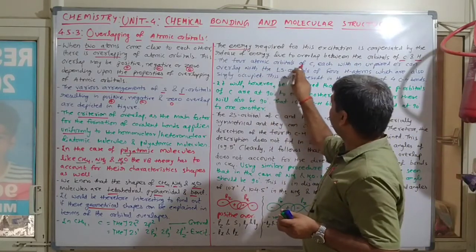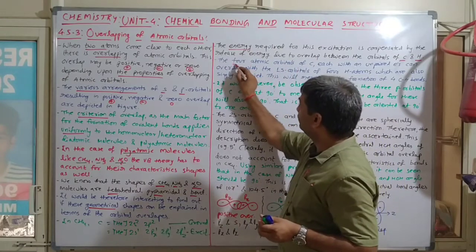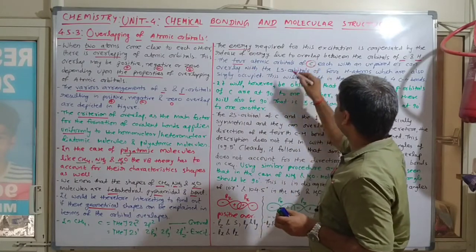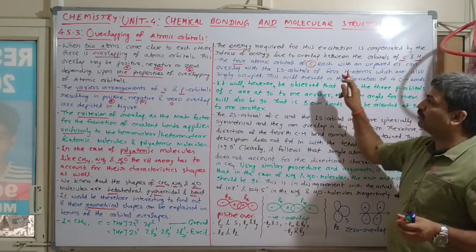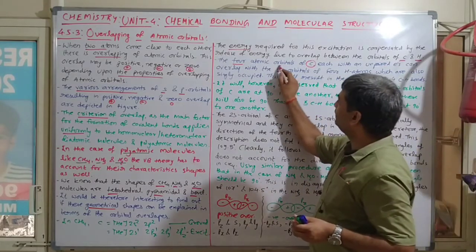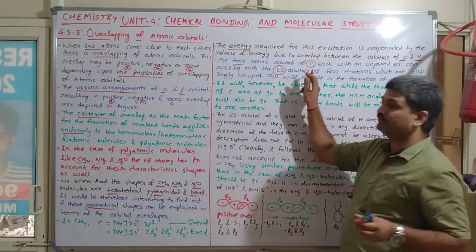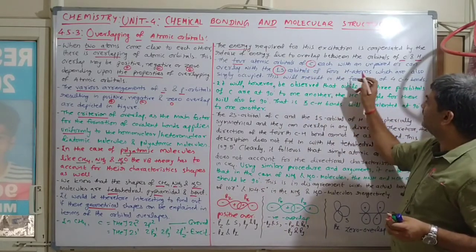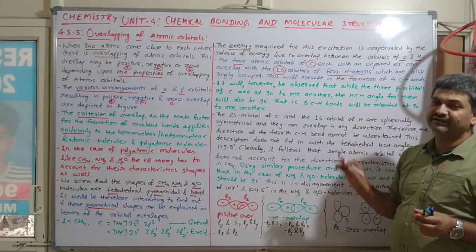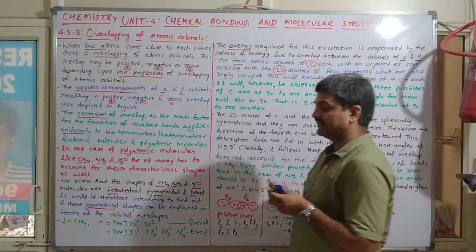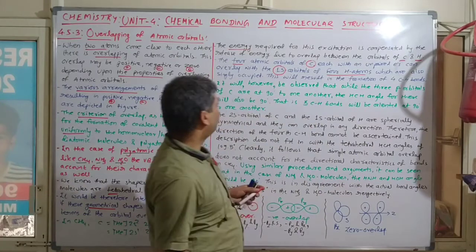The 4 atomic orbitals of carbon, each with an unpaired electron, can overlap with the 1s orbitals of 4 H atoms, which are also singly occupied.